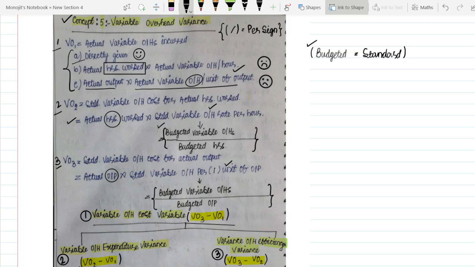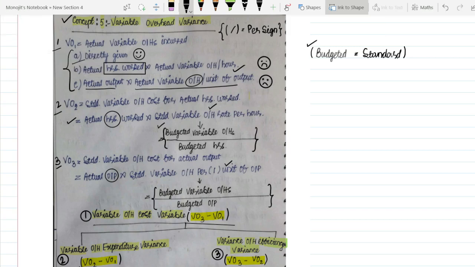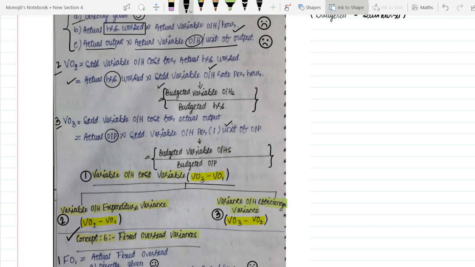VO3 is standard variable overhead cost for actual output, and the formula is actual output into standard variable overhead per unit of output. The standard variable overhead per unit of output is budgeted variable overhead divided by budgeted output.